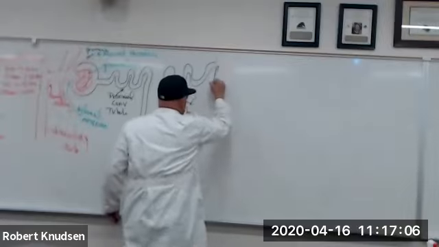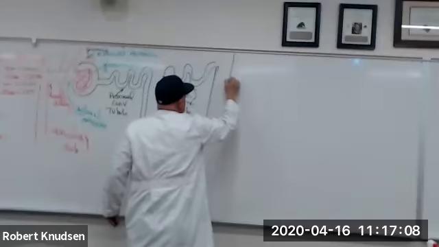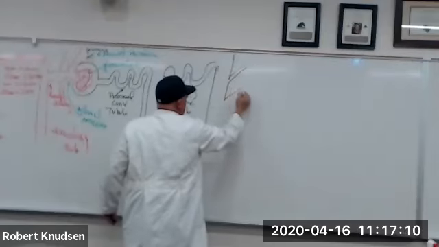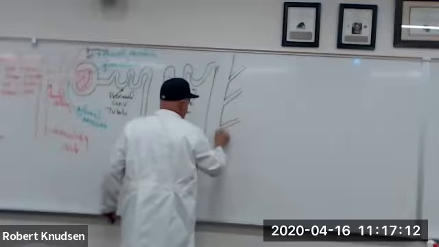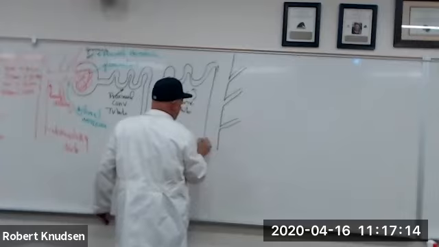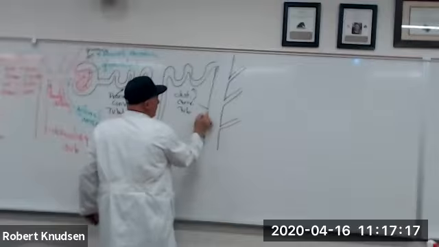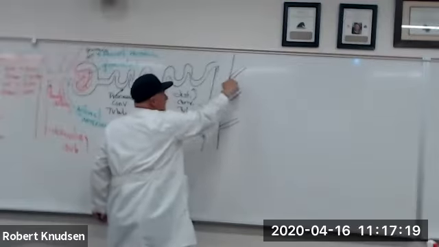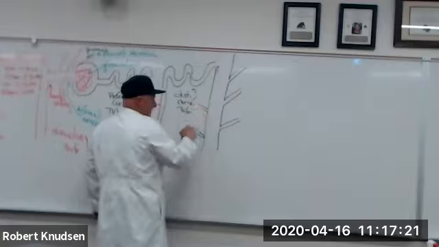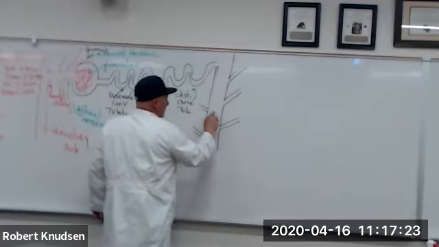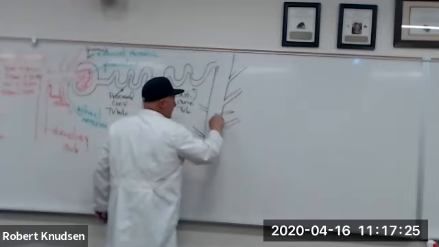Anyway, here's your collecting duct. And here's the other nephrons. Got it? Other nephron. Other nephron. These are all distal convoluted tubules of other nephrons joining the collecting duct. And I'll do it like this.